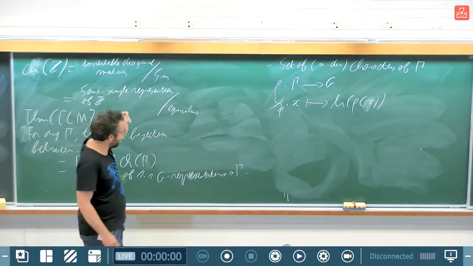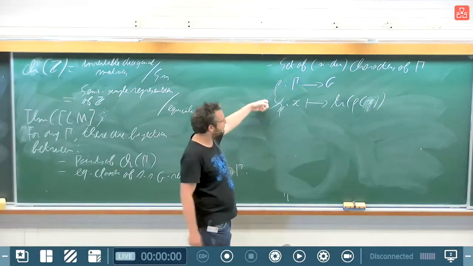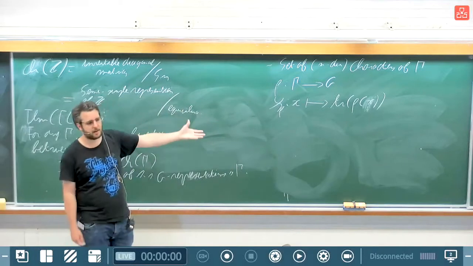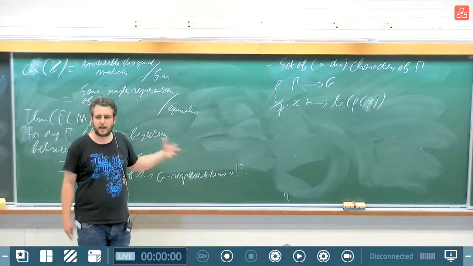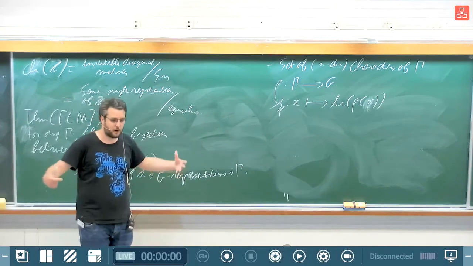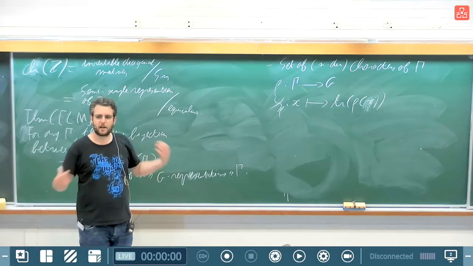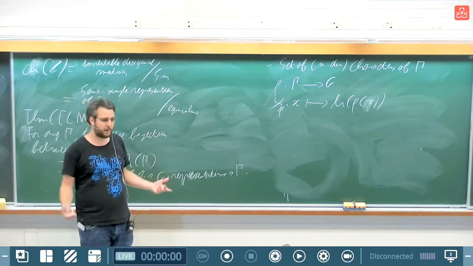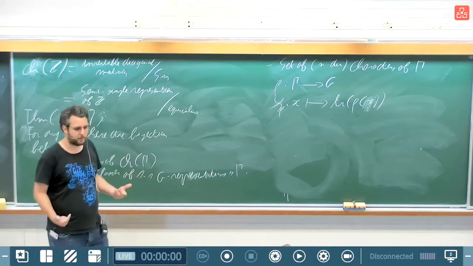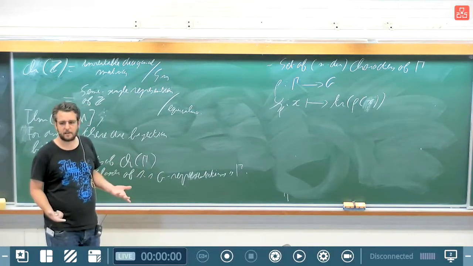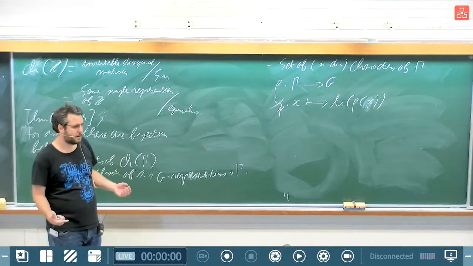You're probably familiar with those. The main point is that characters are additive on extensions of representations, but they can't tell if it's a non-trivial extension or a direct sum. So two different, non-equivalent representations may have the same character, but not if they are semi-simple.